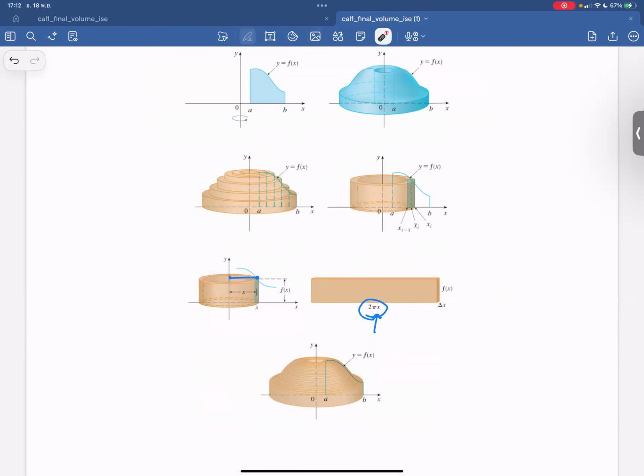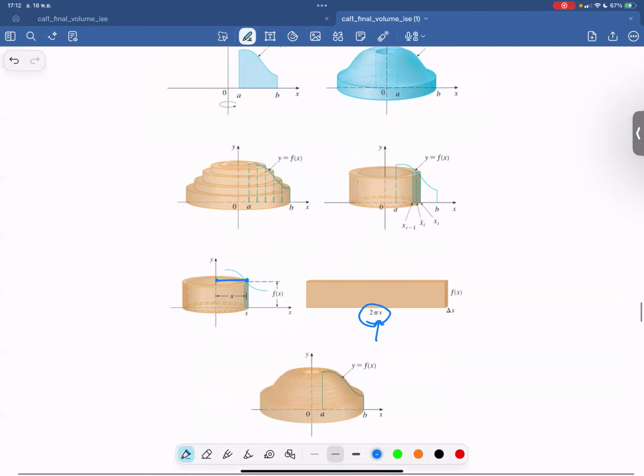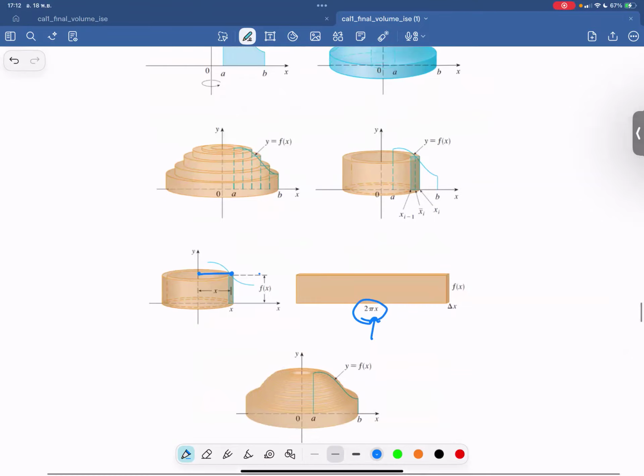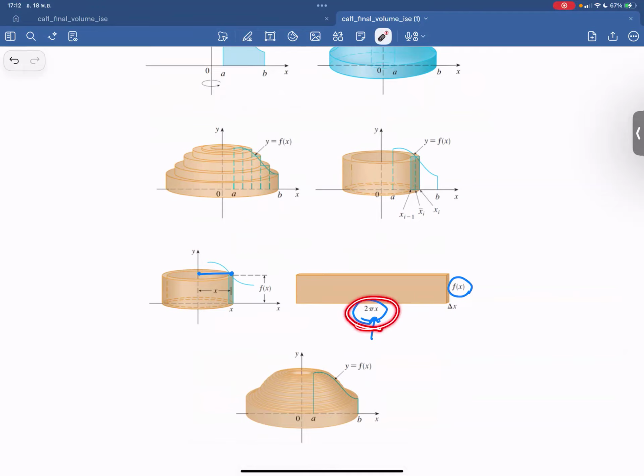And then the height is a function f(x) over here, which is the value of y. So you get the rectangle with length 2 pi x, with width f(x), and the thickness is delta x. So the volume of one shell is 2 pi x f(x) times delta x.